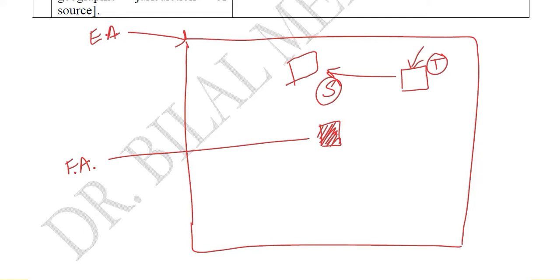So you see, the resources are getting redistributed here. And in this case, if a subsidy comes to the project, it is an addition to the project, and if a tax is paid by the project, it is a subtraction.